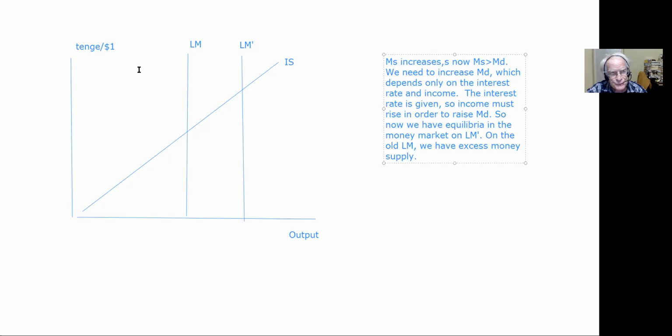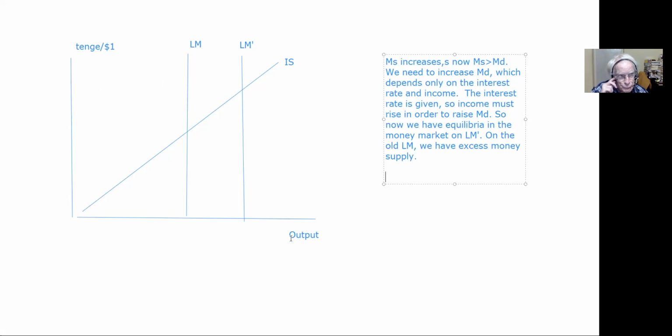So that schedule no longer describes what will be happening in the money market. Okay, good. So what happens now to the exchange rate and the output in this case?